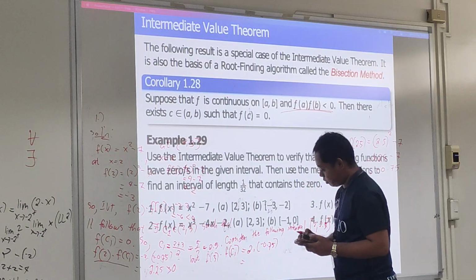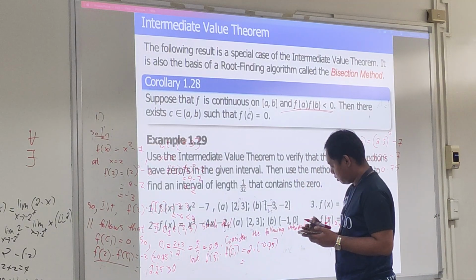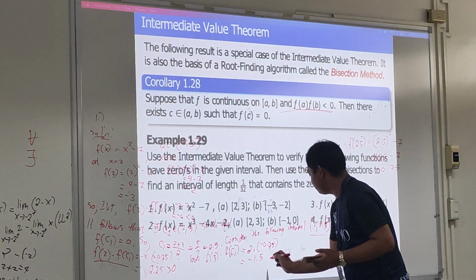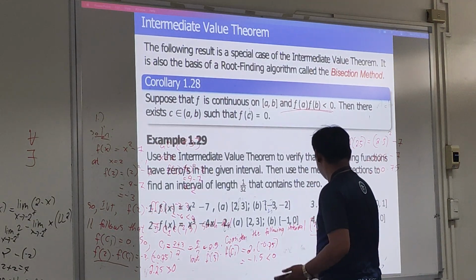So this is negative 1.5, and this is the solution.